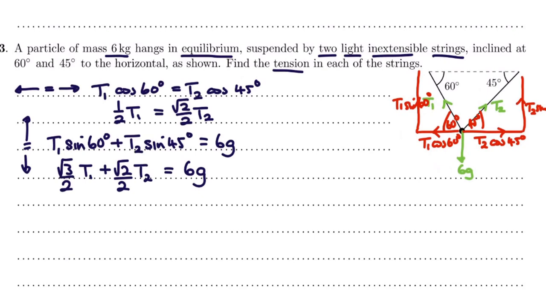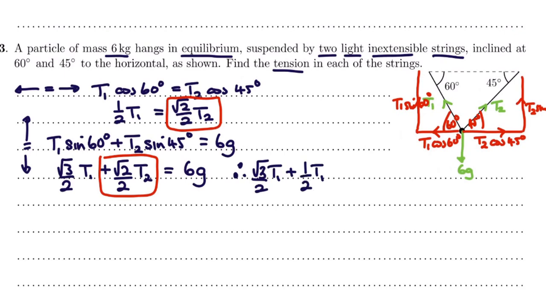If you look, we know that root 2 over 2 T2 is the same as a half of T1. So therefore, I'm just going to pop that in: root 3 over 2 T1 plus a half of T1 equals 6g.